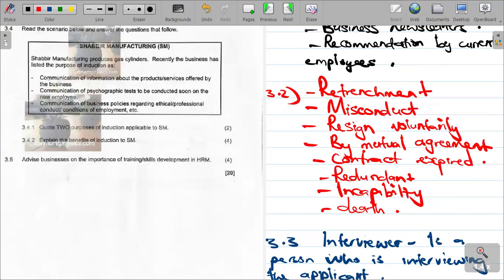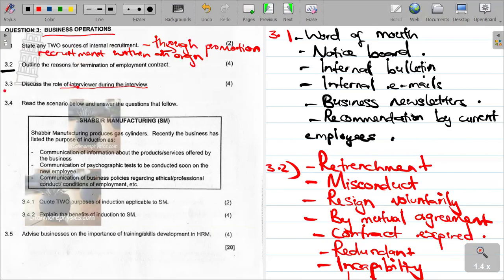So let's move on to question 3.4. Read the scenario below and answer the questions that follow.